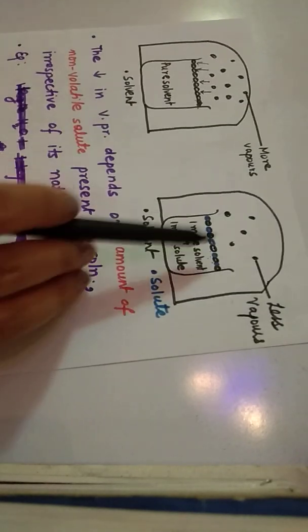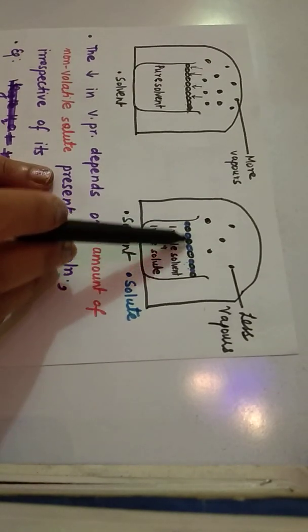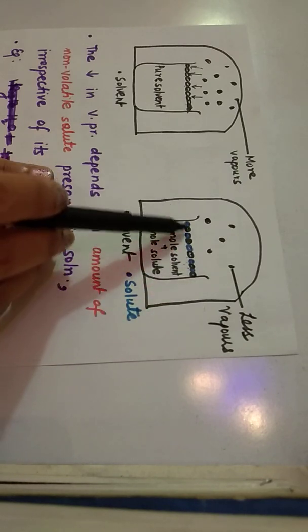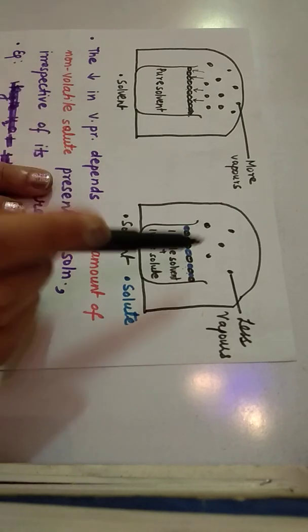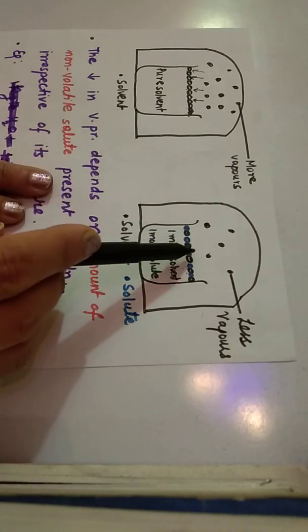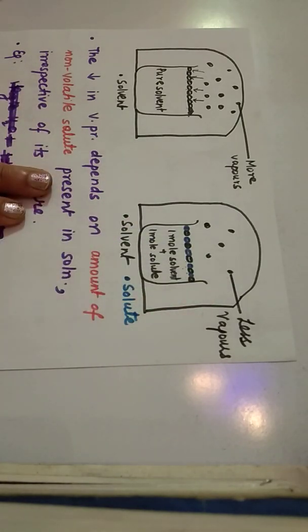So at the surface the number of volatile solvent particles decreases. As a result, fewer vapors are formed because there is no contribution from the non-volatile solute to form vapors; it is only the solvent molecules which contribute towards the vapor pressure.